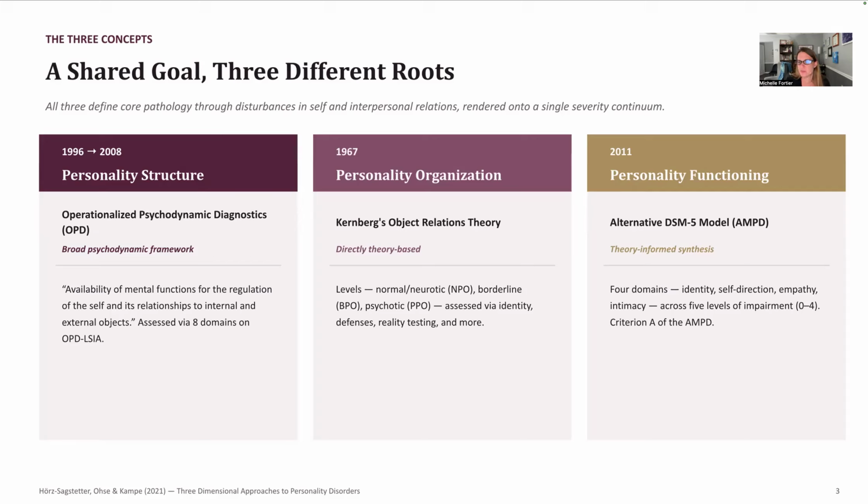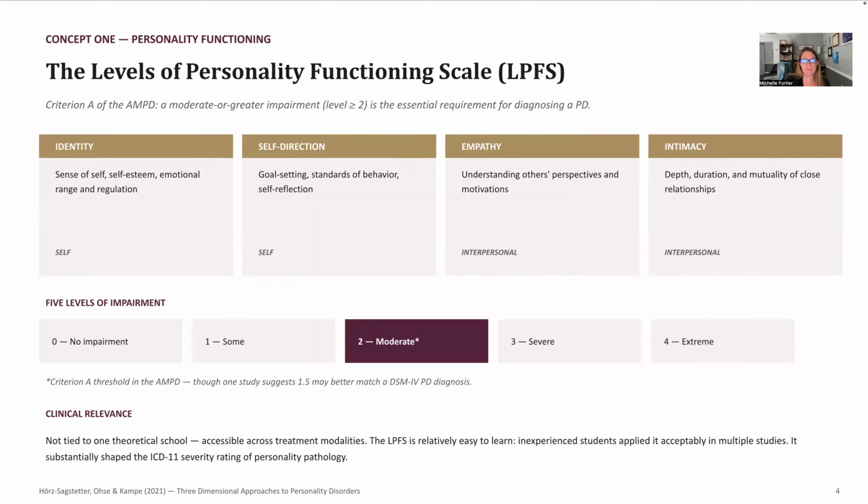It is a theory-informed synthesis with 4 domains, identity, self-direction, empathy, and intimacy, across 5 levels of impairment, 0 to 4, and it is criterion A of the AMPD. Okay, the Levels of Personality Functioning Scale, the LPFS, criterion A of the AMPD. A moderate or greater impairment, level 2 or above, is the essential requirement for diagnosing a PD.